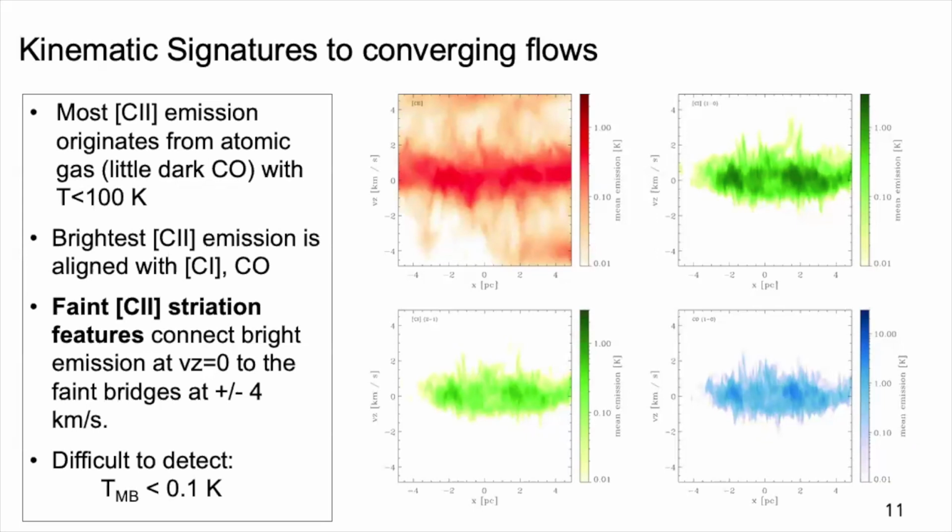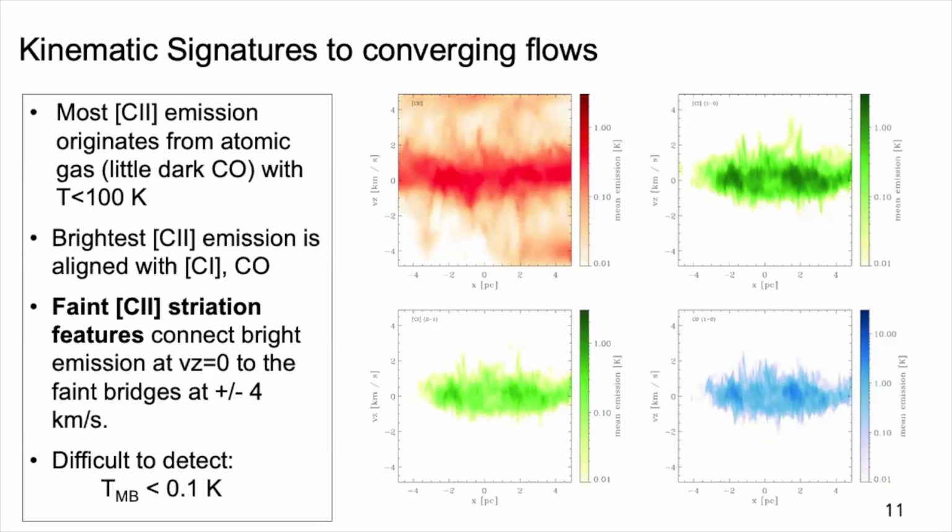But you see these striation features that connect those features at plus and minus 4 kilometers per second to the bright emission at 0 kilometers per second. And that, they propose, is the material that's accreting onto the higher density regions that are ultimately forming the clouds.